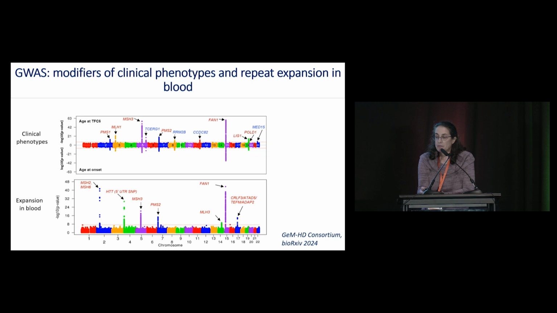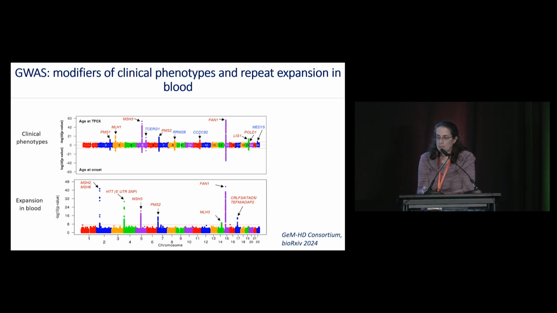The other part of the most recent GWAS was extending the spectrum of clinical phenotypes that were analyzed. I'm not showing all of them here, but I just want to compare the Manhattan plots I had before, showing age at TFC6 and age of onset, with a GWAS for expansion in blood. This was done using a really nice MiSeq assay developed by Darren Monkton's lab, directly measuring repeat expansion in blood and looking at the modifiers of that molecular phenotype.